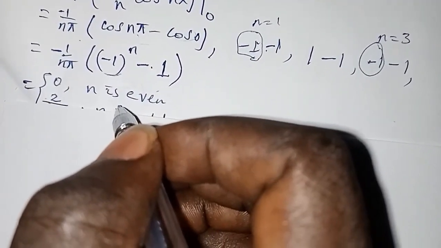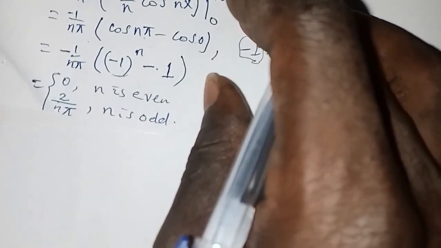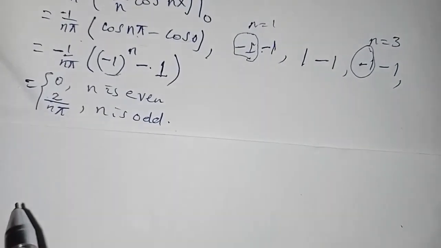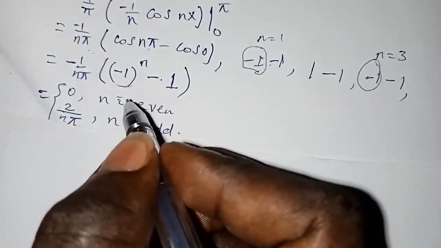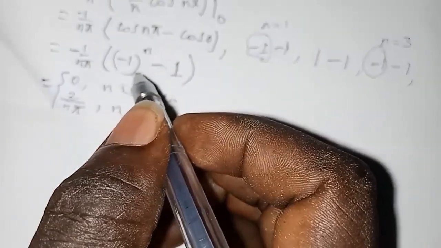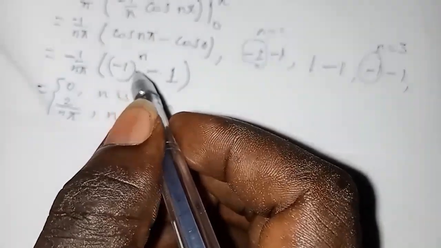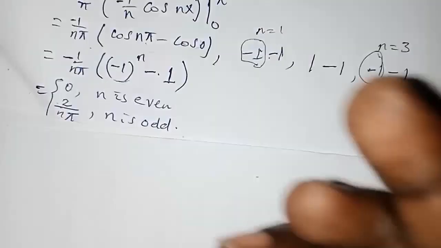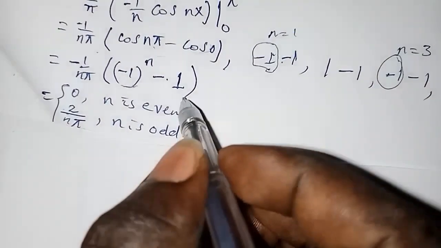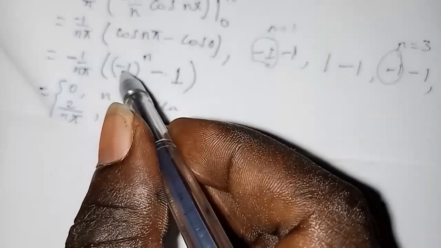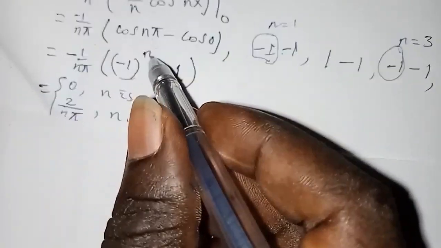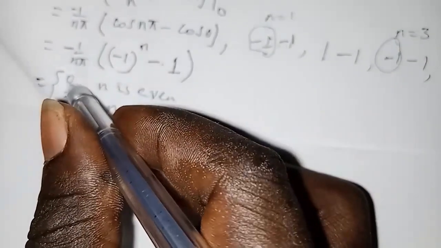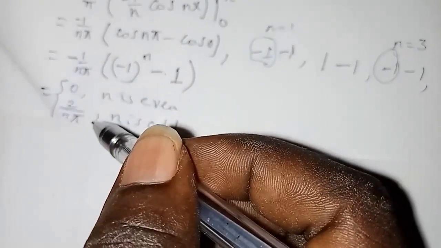Then you can write this expression as equal to 0 for n even, because minus 1 to the power of even is 1, and 1 minus 1 is 0.